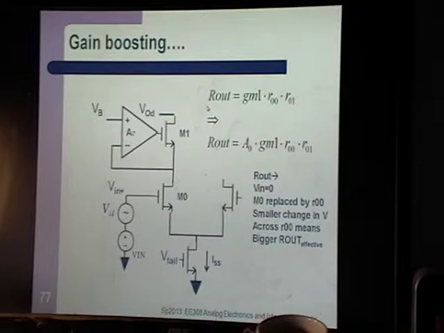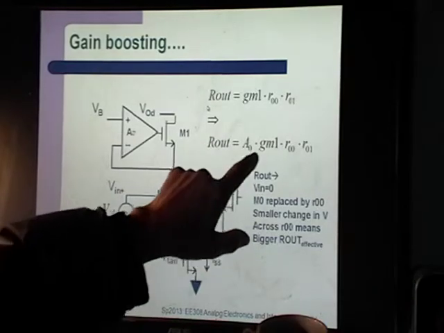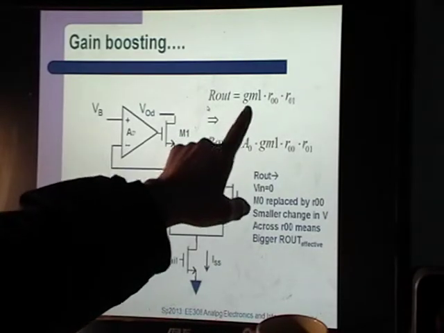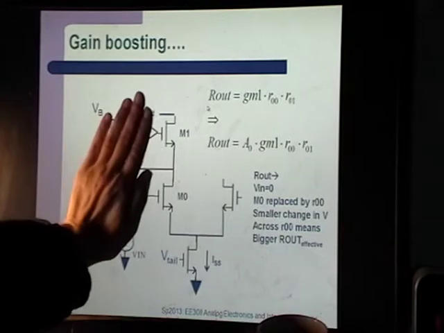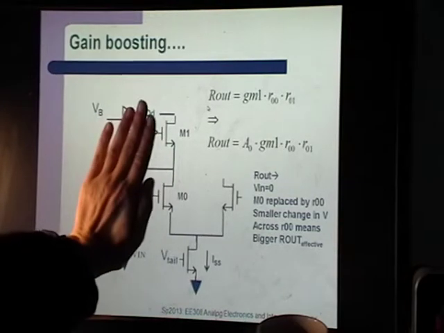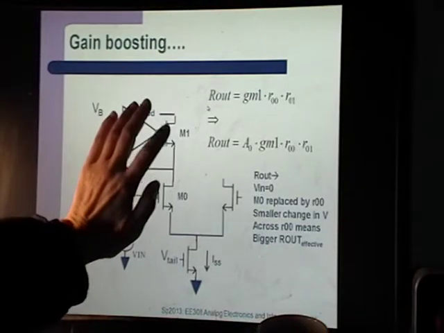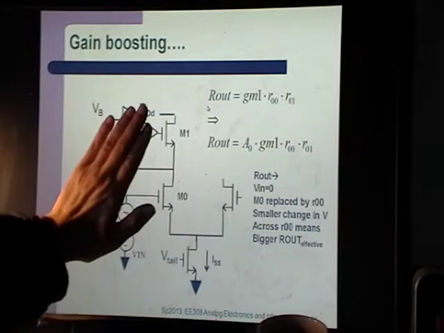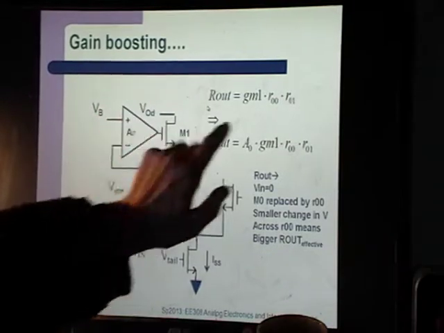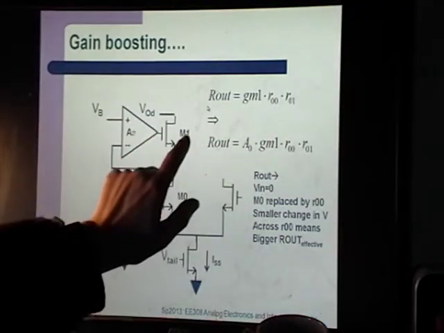There's another way to increase gain, and if you remember, we just said that if you have two cascoded amplifier transistors, then the R looking down is RO of this one times RO of this one times the GM of this one. So that's what you get right here. Here's GM, here's M1.